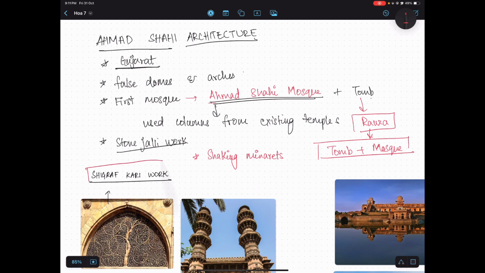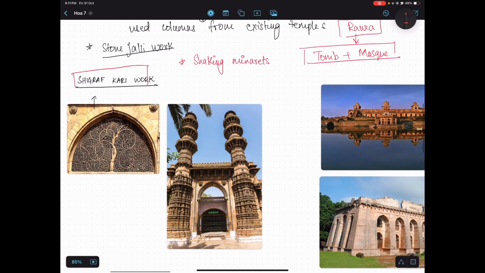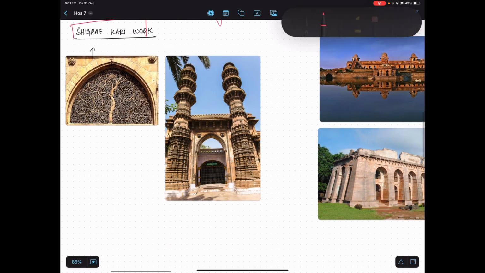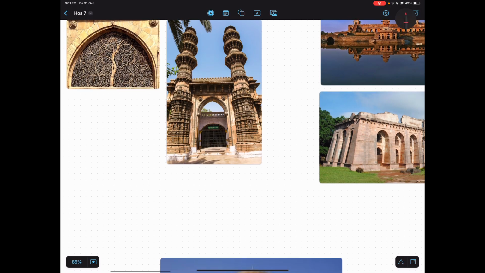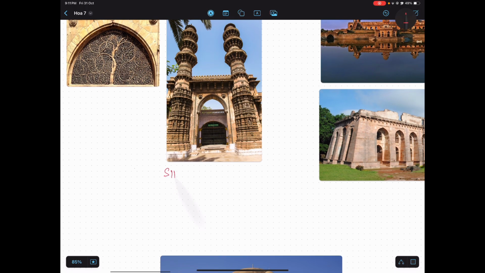Now, shaking minarets. This is an example of shaking minarets, the Siddhi Bashir mosque in Ahmedabad. So what do shaking minarets mean?